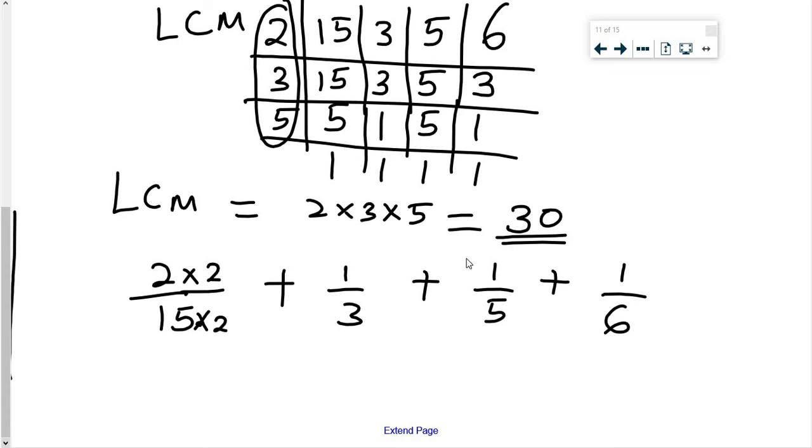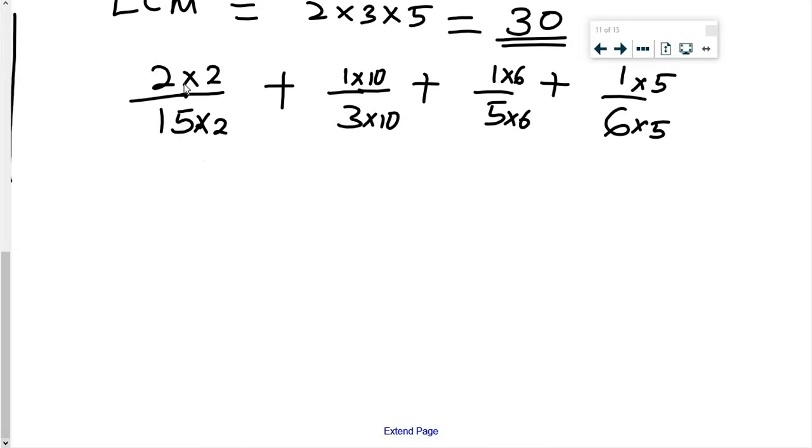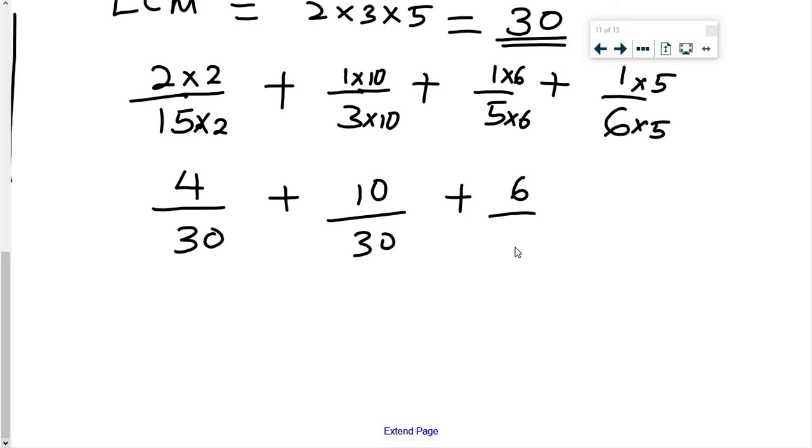How do we turn 3 into 30? Multiply by 10, multiply by 10. How do we turn 5 into 30? Multiply by 6, multiply by 6. How do we turn 6 into 30? Multiply by 5, multiply by 5. This will be 4 upon 30 plus 10 upon 30 plus 6 upon 30 plus 5 upon 30.